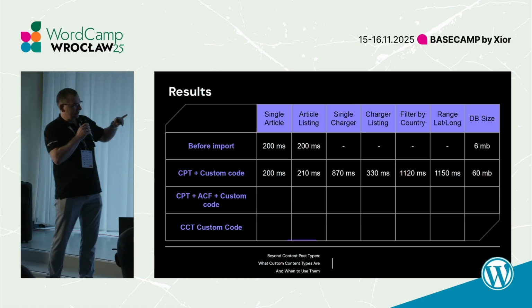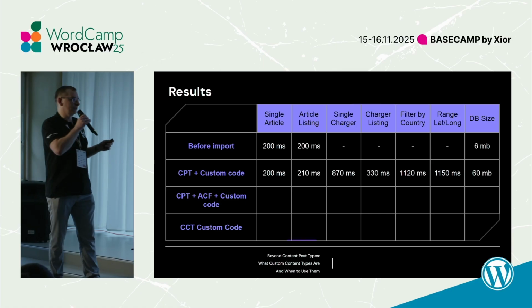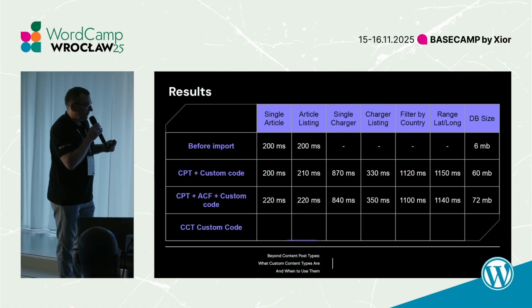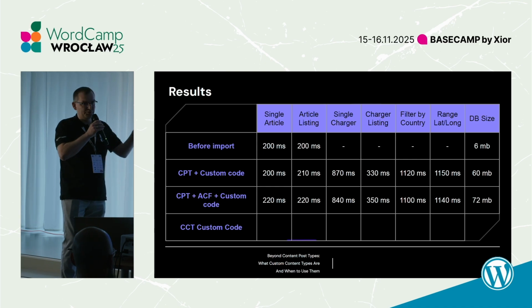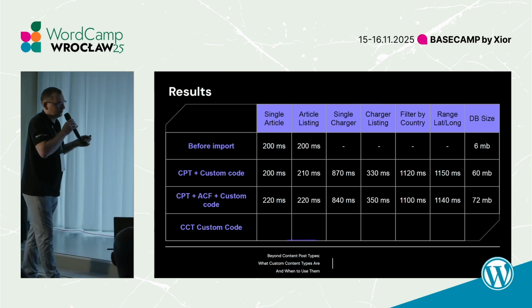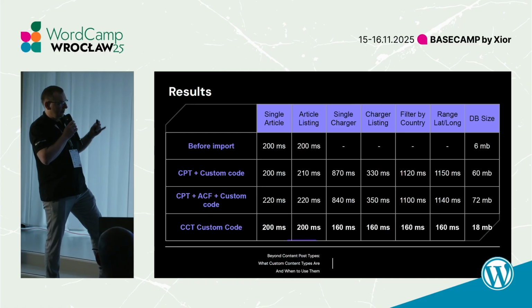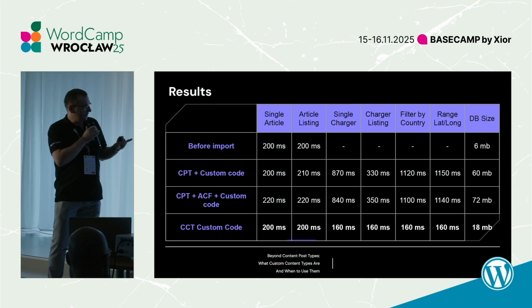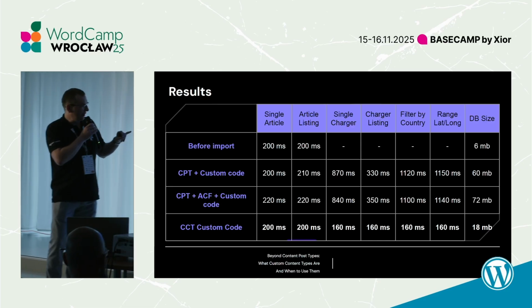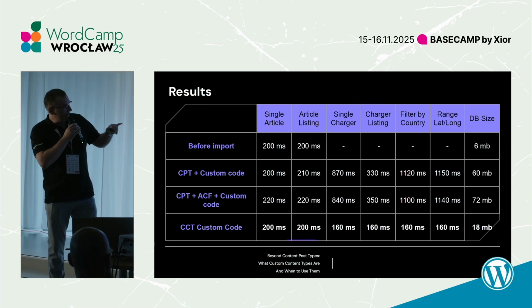Then I decided to still use the custom post type, but use Advanced Custom Fields to simplify the work. And another surprise, I thought it would be worse, but it's pretty similar. So it works pretty well. And last, I checked custom tables. As we can expect, the single article and article listing are the same, but look at the responses on a single charger, charger listing, and filtering.